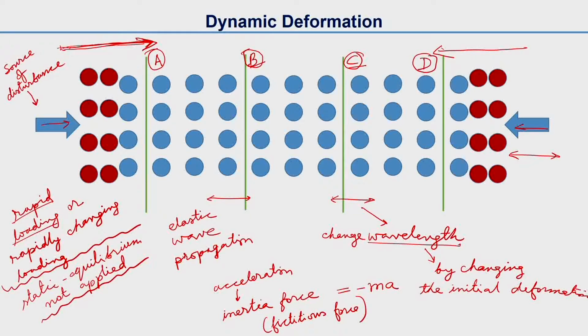And later, in the case of the split Hopkinson pressure bar, an experiment we discussed earlier, we will see that this wavelength is related to the length of the striker bar.